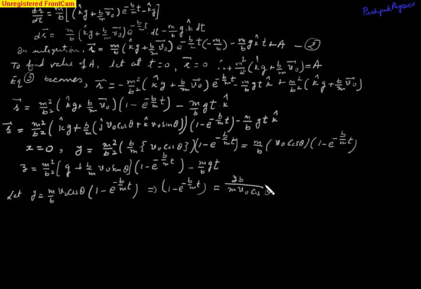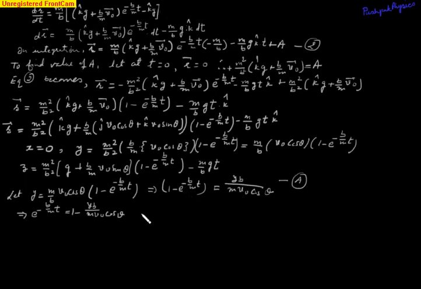I will use it as, let us have this component as a, and then from further we can find e to the power minus b over m into t. Further it implies e to the power minus b over m into t is equal to 1 minus yb over m v naught cos of theta. This term, one goes to the other side.